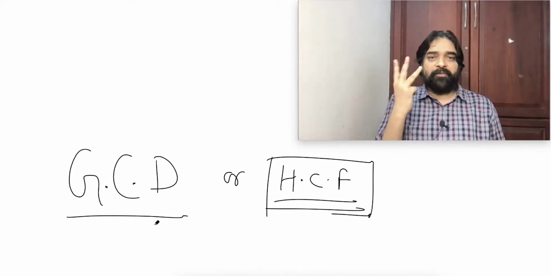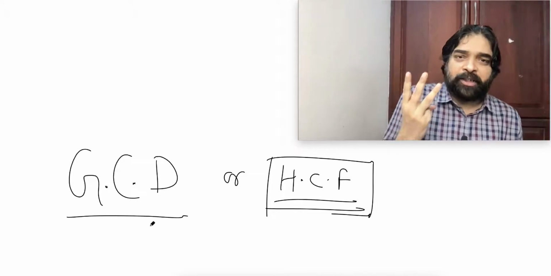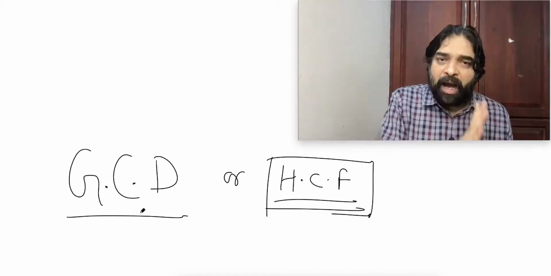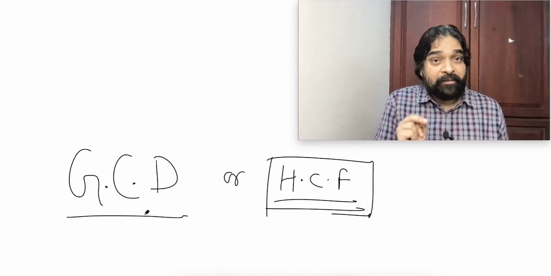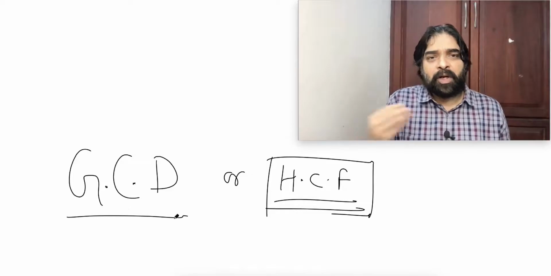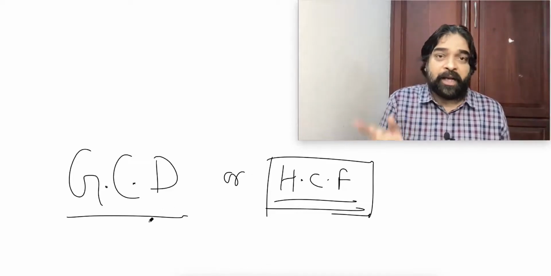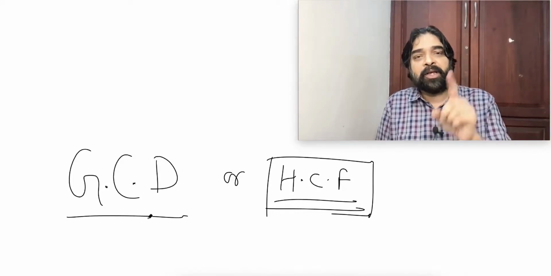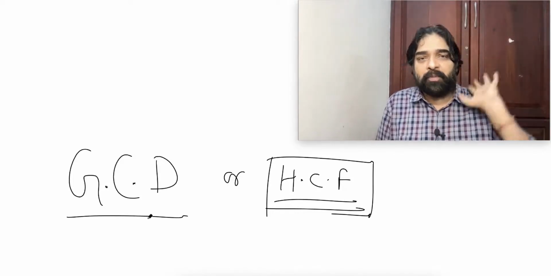If anybody is confident about these 3 things, it's done. 1, Euclid Division Lemma. Second, GCD. GCD contains so many Bezout equations and so many things. And third, congruency.